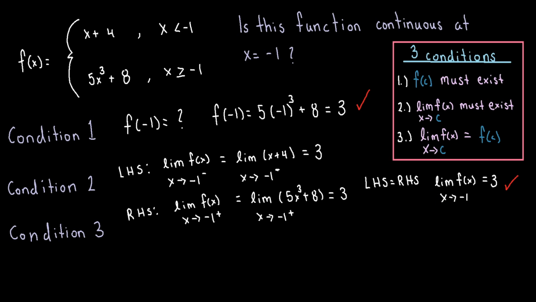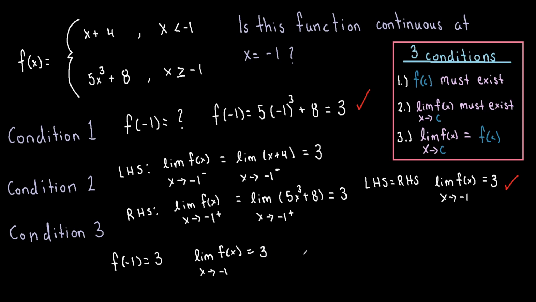Now, let's look at our third condition. The third condition states that the limit of f of x as x approaches c must equal the point f of c. From the first condition, we know that f of -1 equals 3. And we know from the second condition that the limit of f of x as x approaches -1 equals 3.